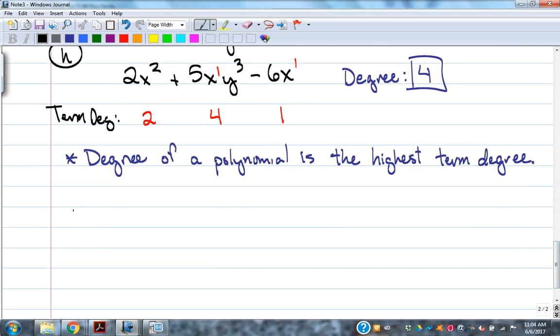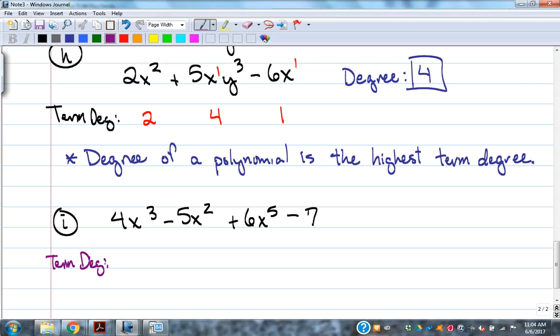It's really easy when they give you a polynomial like this one, 4x to the third minus 5x squared plus 6x to the fifth minus 7. When we look at the term degree, the first term only has one variable, so its degree is 3. The second one's degree is 2. Third one is 5. What's the degree of the last one?